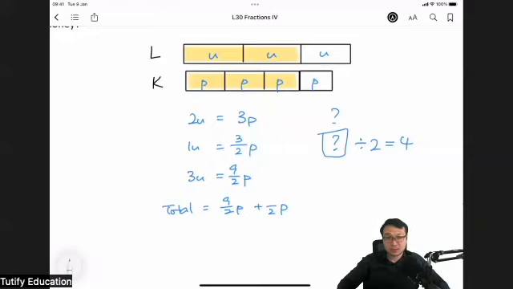You really don't know? I'm thinking. Something divided by 2 gives you 4. Can you tell me what it is? 2 divided by 2 is what? 1. 4 divided by 2 is what? 2.